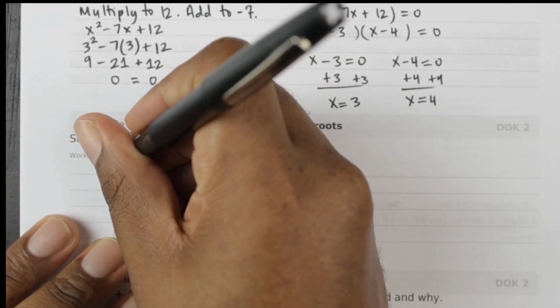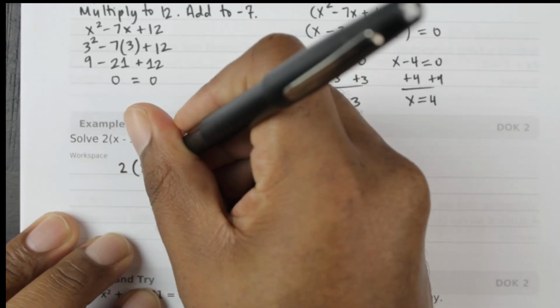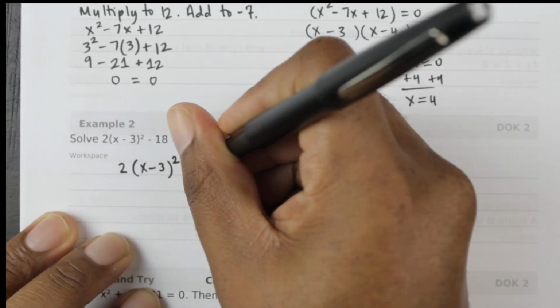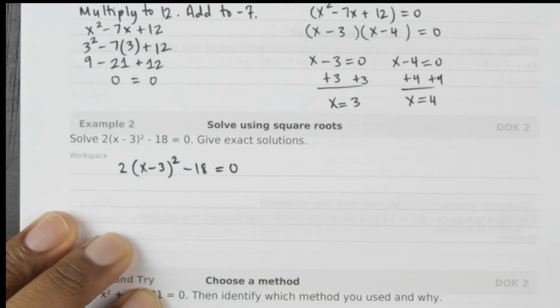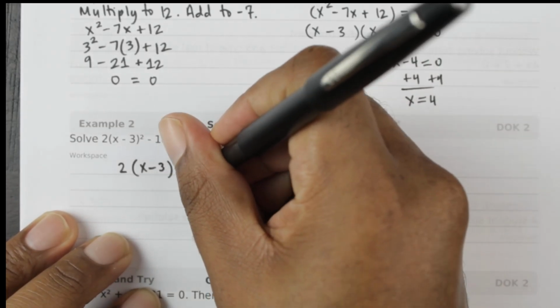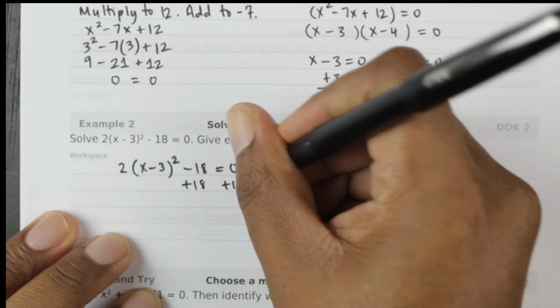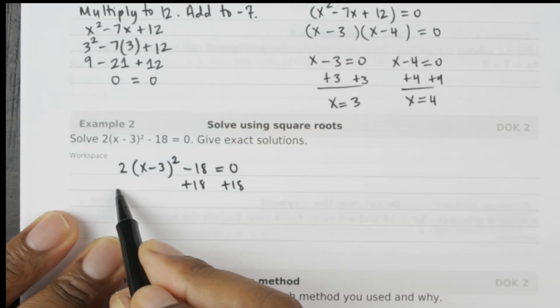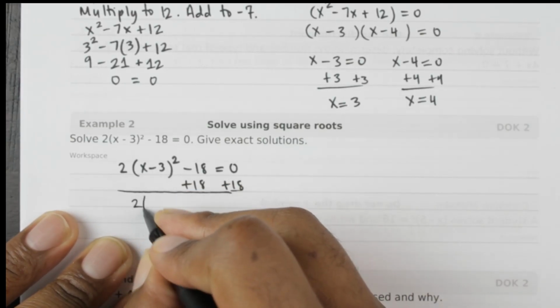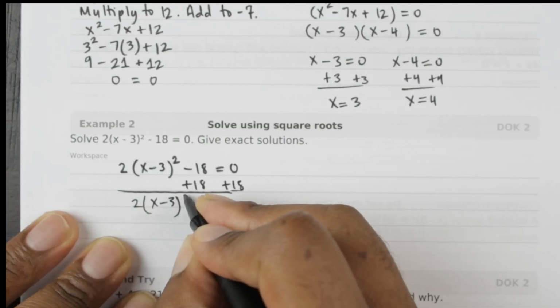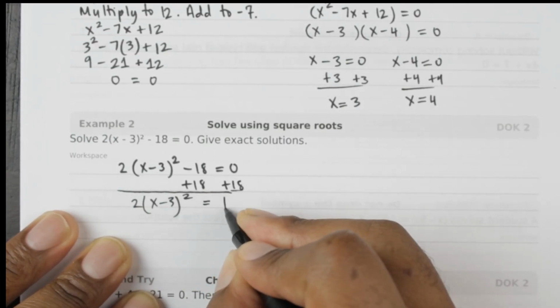So we have 2 parentheses x minus 3 squared minus 18 equals 0. From there, we need to move the 18 over, so add 18 to both sides. This leaves me with 2 parentheses x minus 3 squared equals 18.